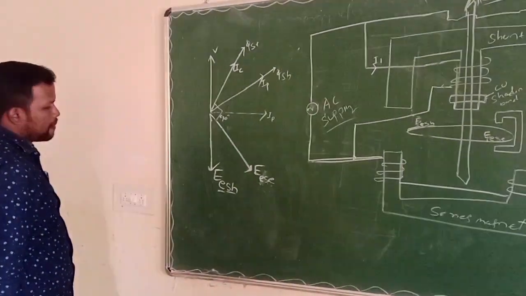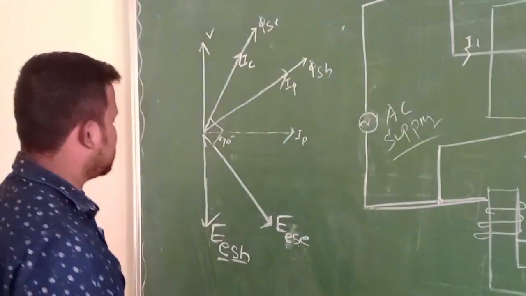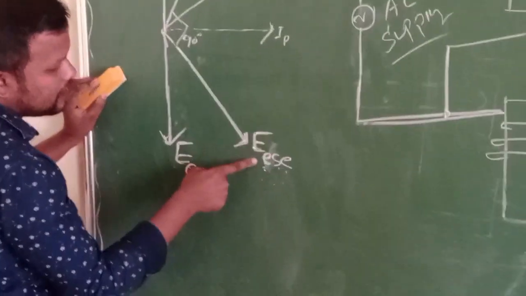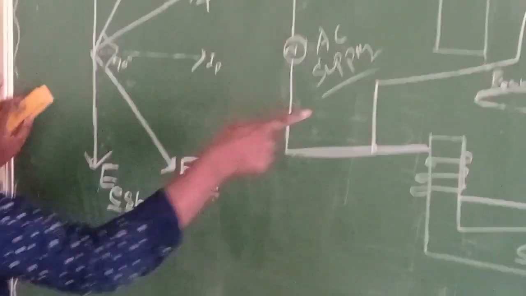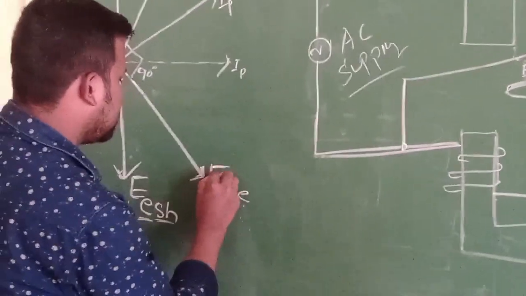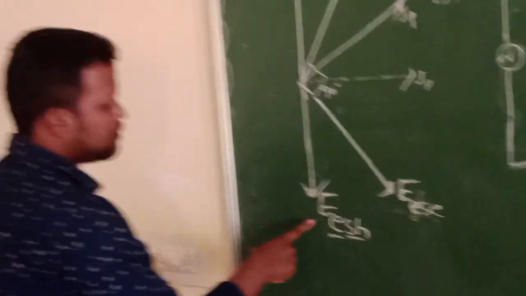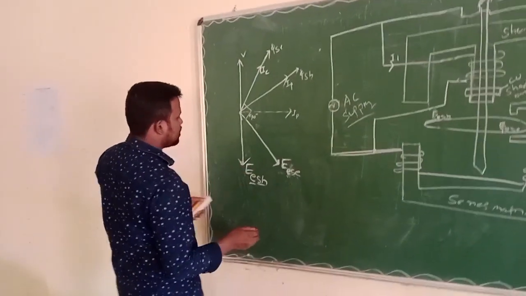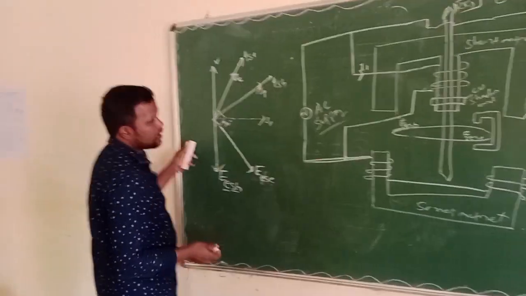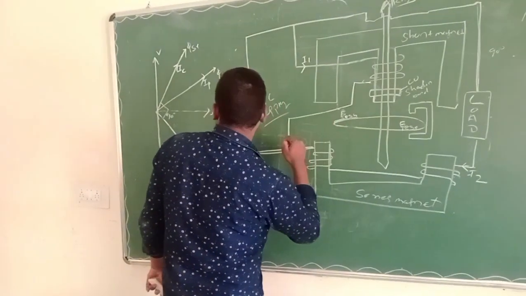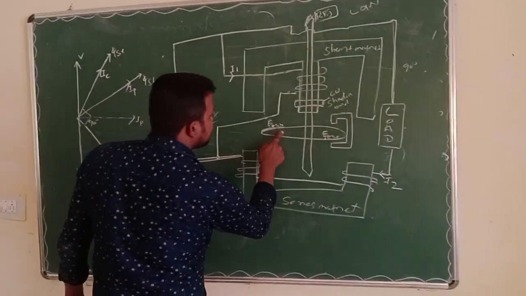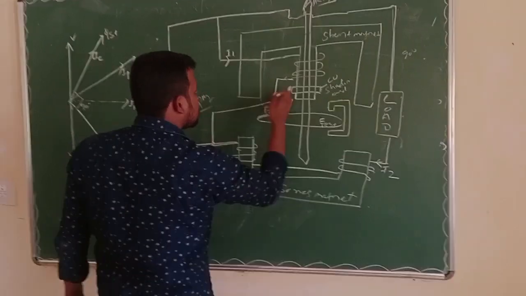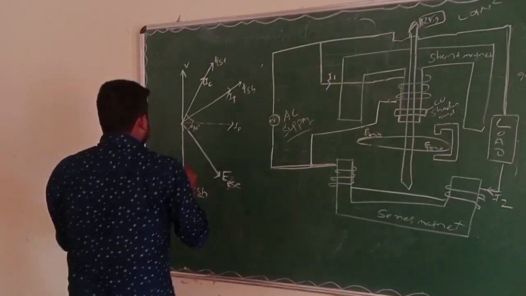Eddy voltage, and after that EMF induced in the series field, and here EMF induced in the shunt field, and we should get the eddy current due to the shunt field.